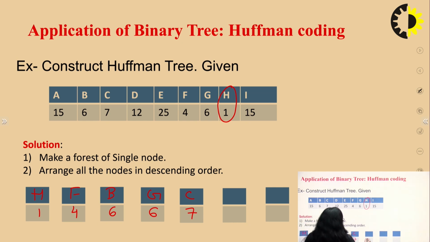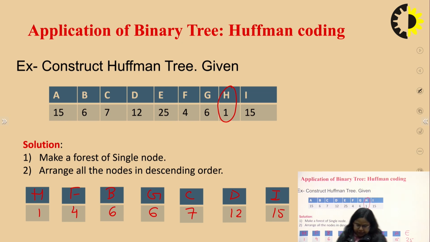Then D with weight 12, then I with weight 15, and A is also 15. And finally E, which has weight 25. Similarly, we have to arrange all the nodes in order.